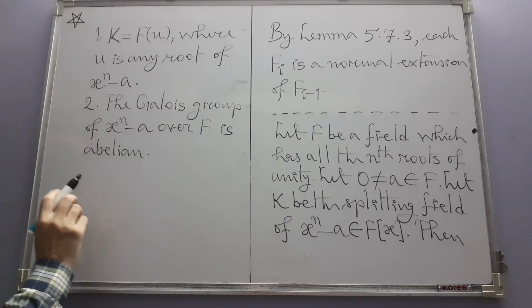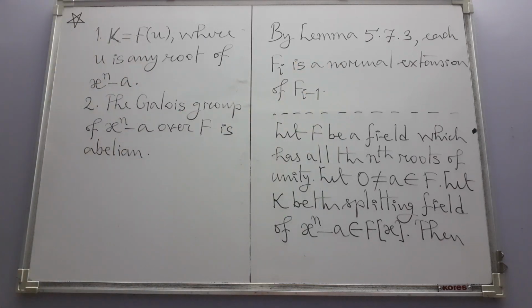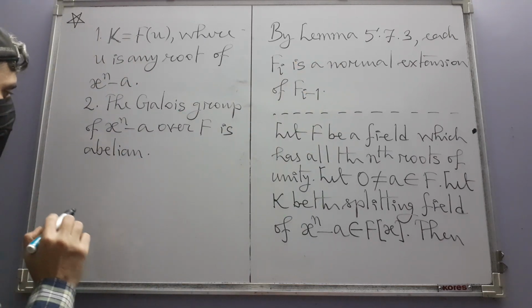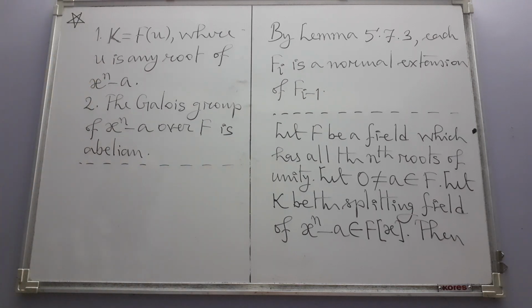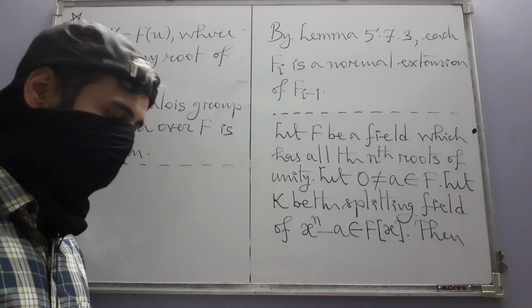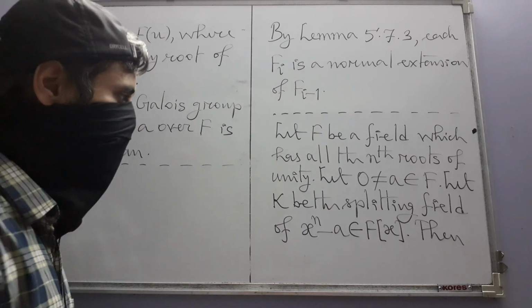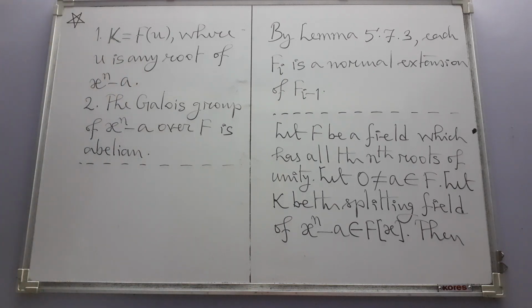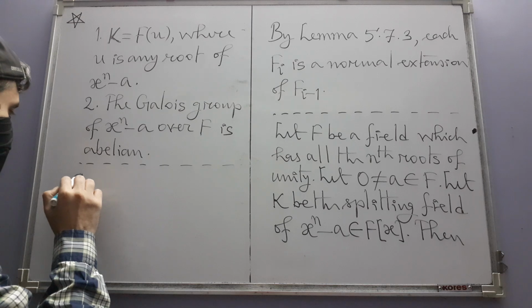Alright. Now, how exactly are we using this to conclude this? So this is the statement of that lemma 5.7.3. For that, you have to go back to the conditions that these omega i's satisfy. In particular, among all those conditions, you have this condition.